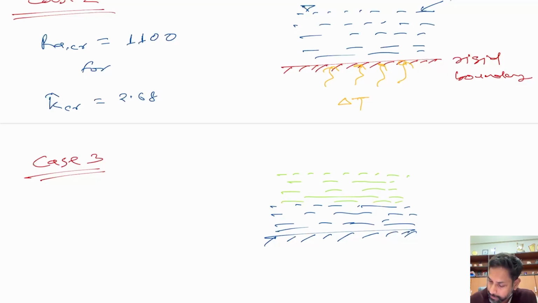Okay, where if this is rho 1 and here it is rho 2, where rho 2 is much greater than rho 1, so convection in rho 1 may not affect convection in rho 2. So for rho 1, this is a free boundary, and also this part here is a free boundary.